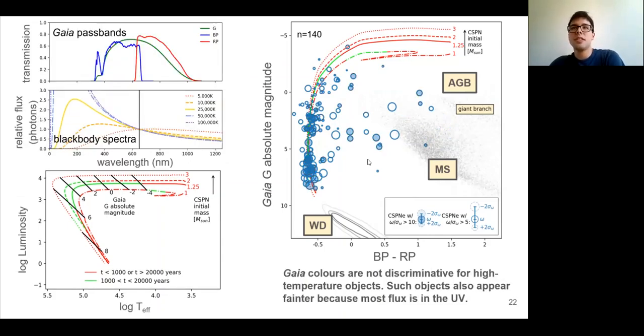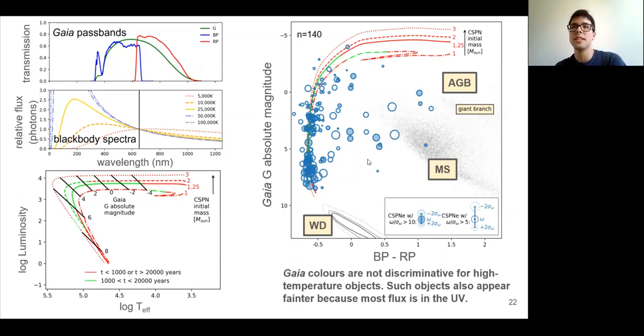Now, the question is, is there anything else that we can learn from the positions of these central stars in the HR diagram? Well, the color isn't by itself discriminative, because the color change with temperature is very small, and the extinction changes the color as well, so you can't really tell the difference.